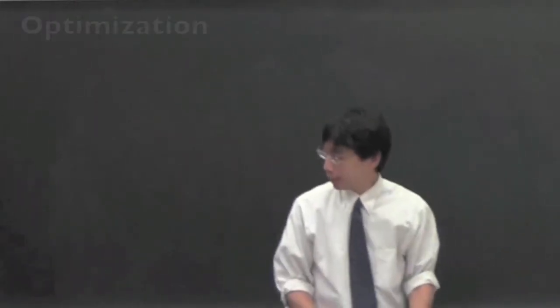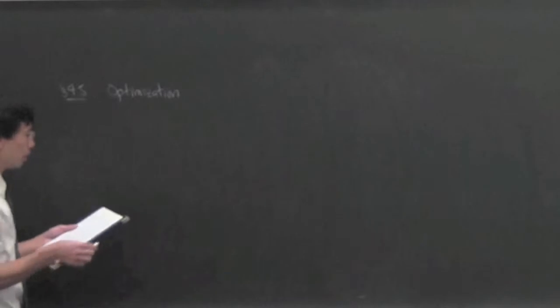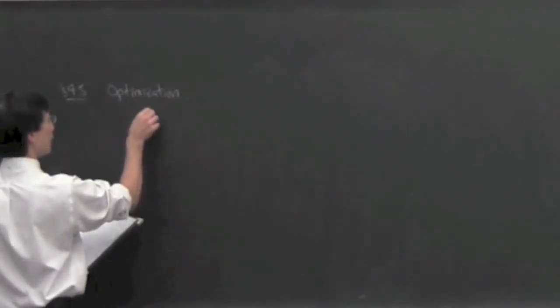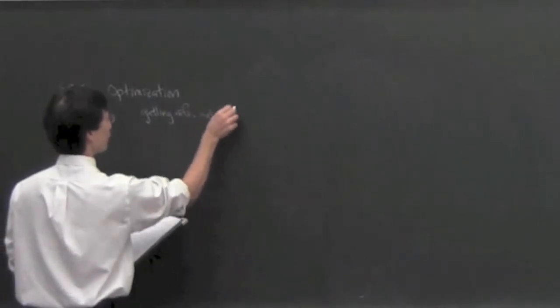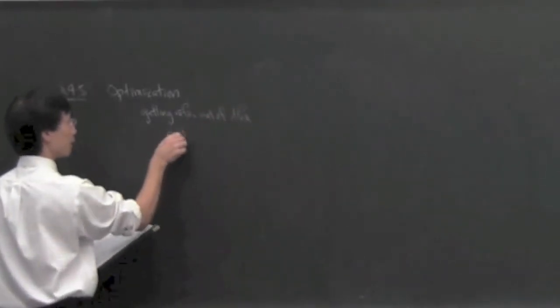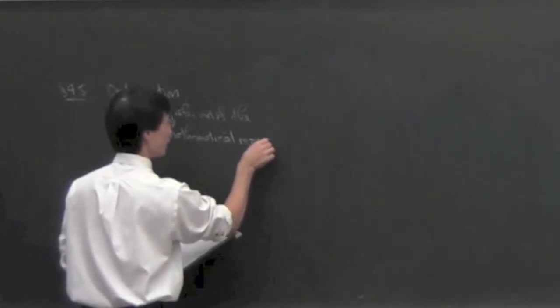Okay, so let's go on to section 4.5, which is what you can think of as optimization: getting information out of the mathematical representation.